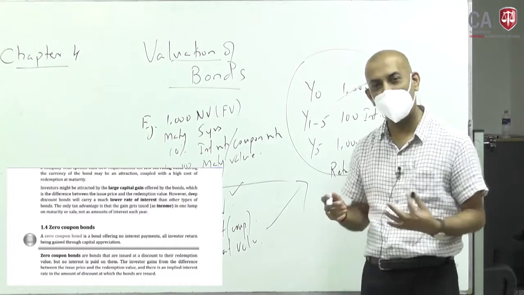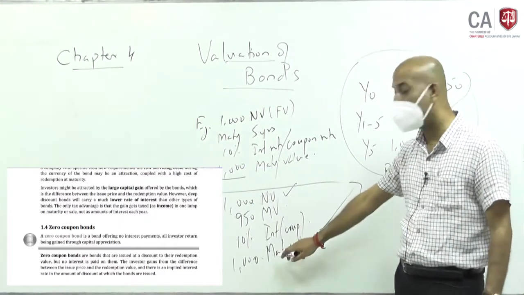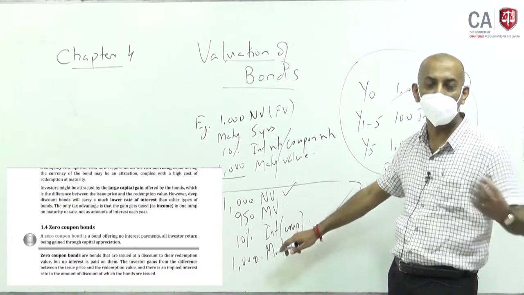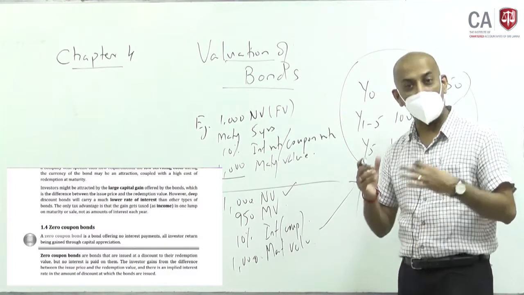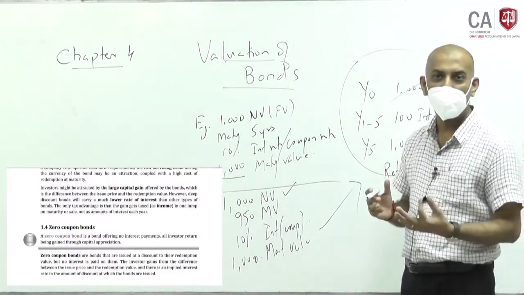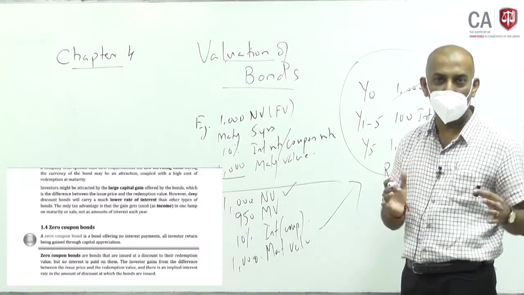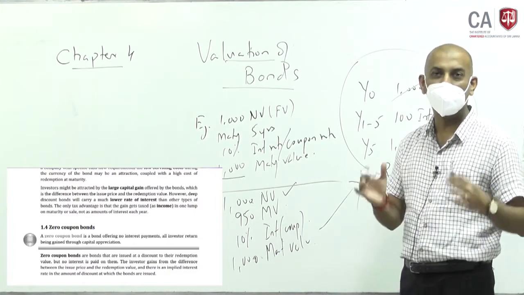When there is a change in your investment value, it can be the redemption value. Sometimes the redemption value they can say is 5% more than the nominal value. It's not 1000, it's 1100. Then you have to calculate your return or IRR and see what is the return of the instrument. So coupon rate and the yield are two different things.